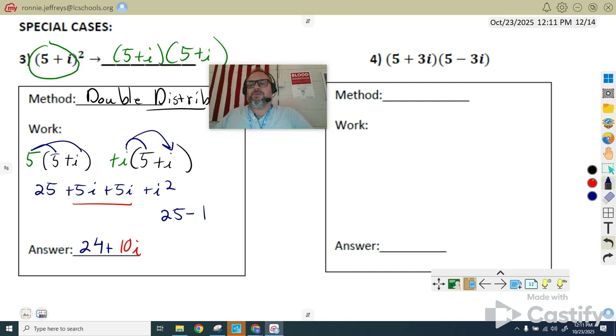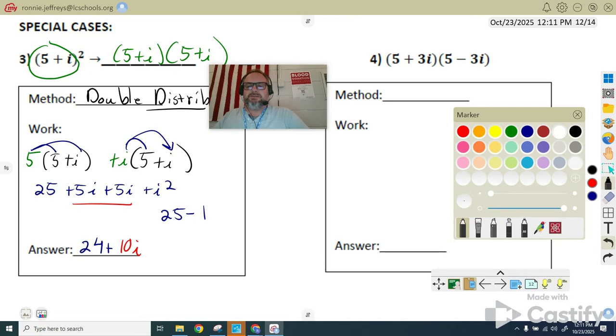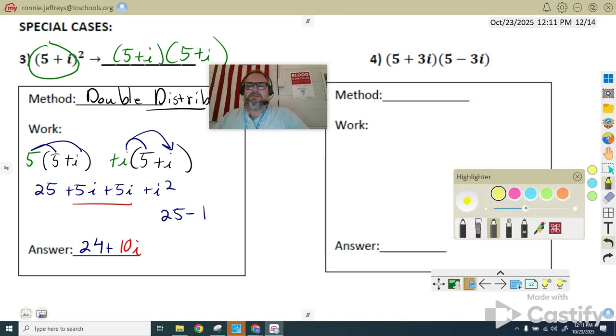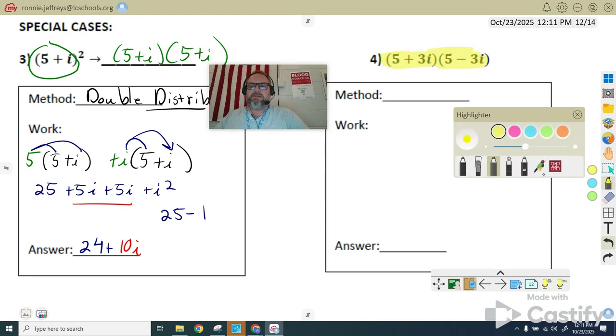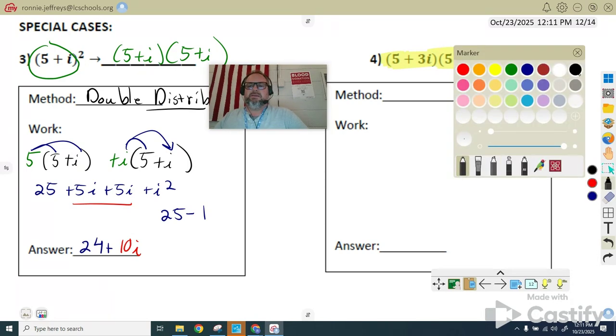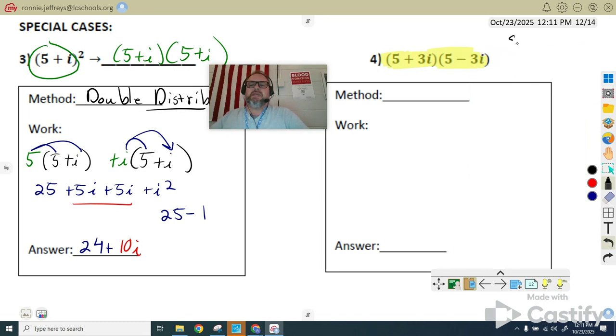We had this in our notes. I want y'all to look a little bit closer. What do we notice about these terms right here? They're the same terms, but different signs.